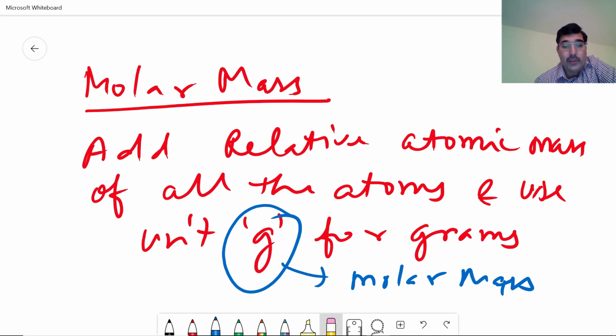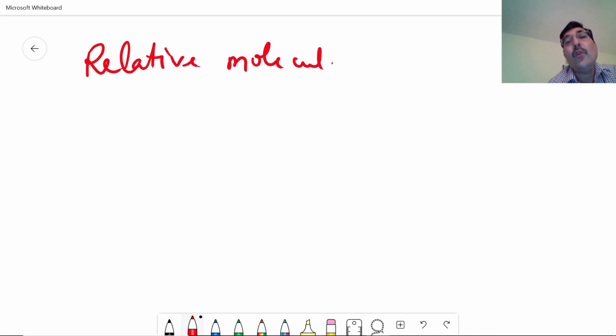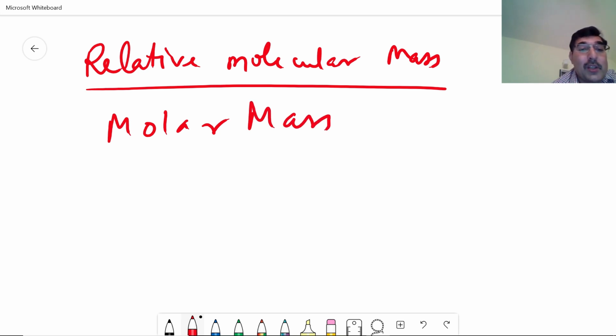Extending further, how do we use this? Relative molecular mass is used in simple calculations, but without G. But in our regular calculations, like stoichiometric calculations, where we calculate the reactant used, products formed, and the limiting reactant, all over that place we use only molar mass, the mass of 1 mole.